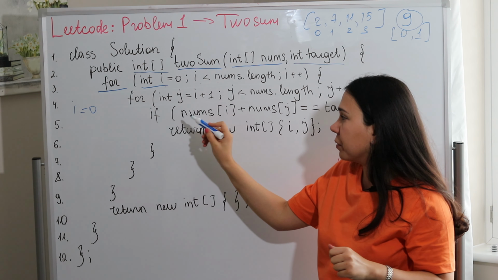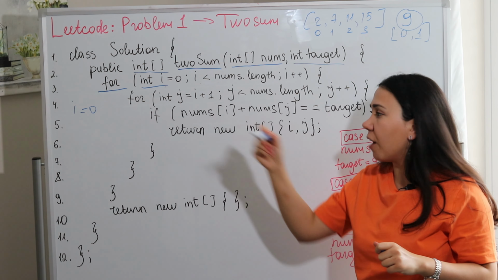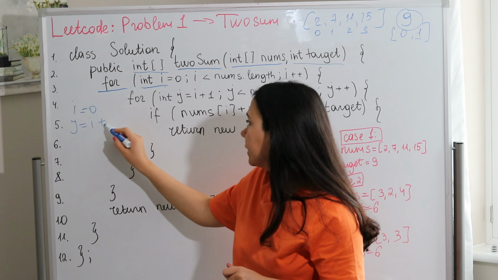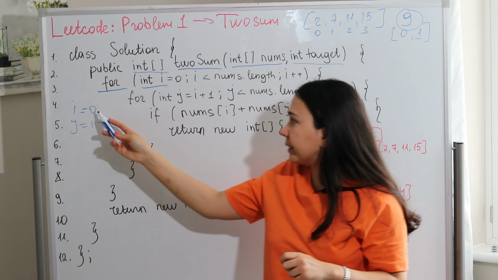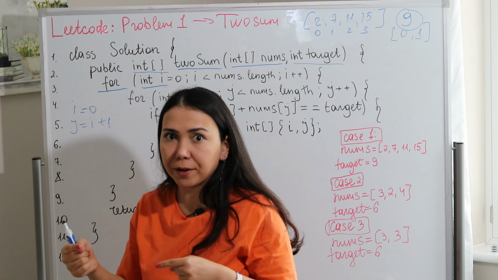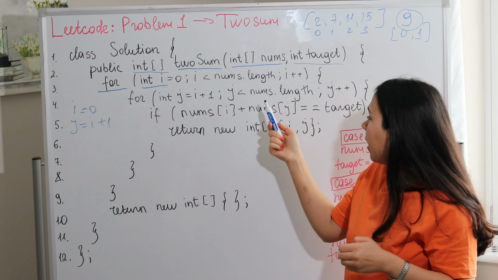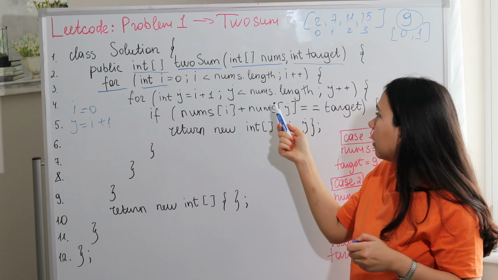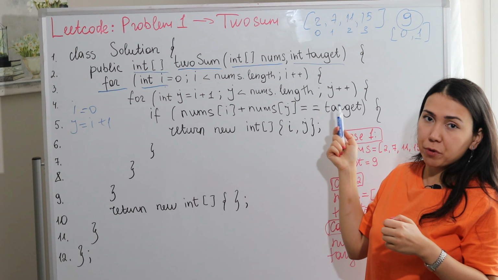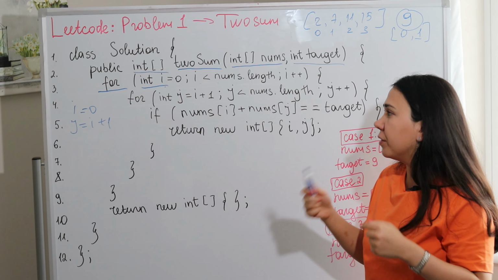It will start with one element after i. j will be equal to i plus 1, right? So if i is 0, j will be 1. j will always be one step ahead of i. And we again define it: j less than nums length. And we will increase j incrementally by 1 with each iteration.